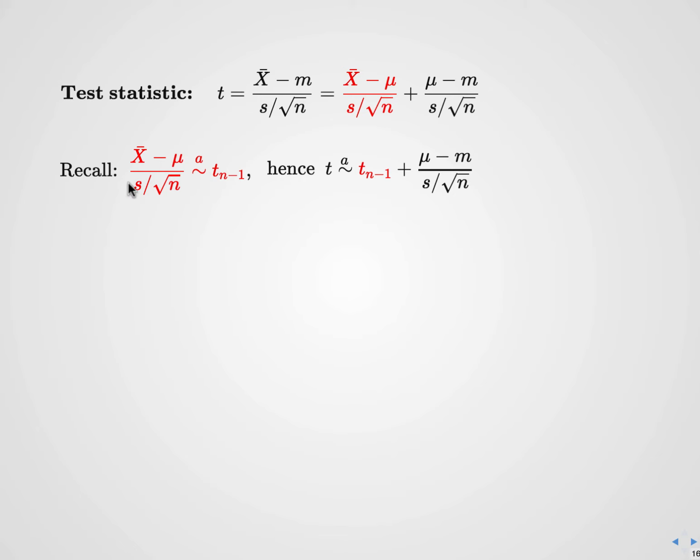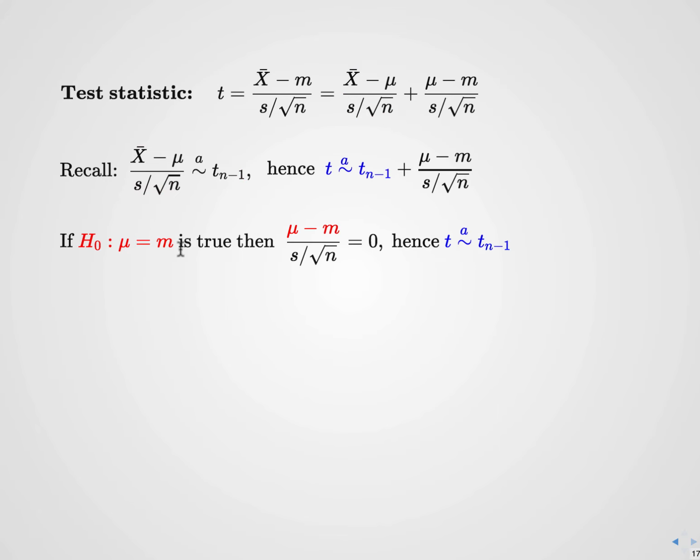Because we've got the sample standard deviation down here, that is what gives us the t-distribution. So in this representation, this first part is always going to have approximately the t-distribution, because it's always centred at the true population mean. The t-statistic has one component which is t-distributed from the central limit theorem. And then it has this extra bit that we haven't seen before.